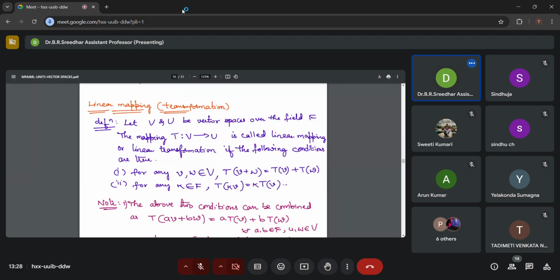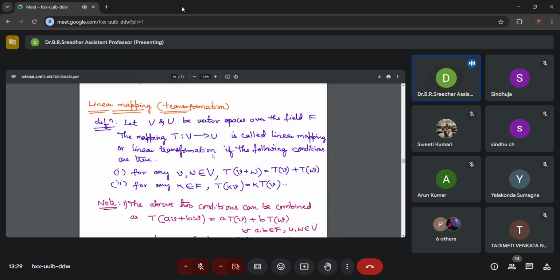That means T of v is the image of v in the vector space U, and T of w is the image of w in the vector space U. Now you should understand that v is mapped to T of v, and w is mapped to T of w. This v and w are in the vector space V, and T of v and T of w are in the vector space U.